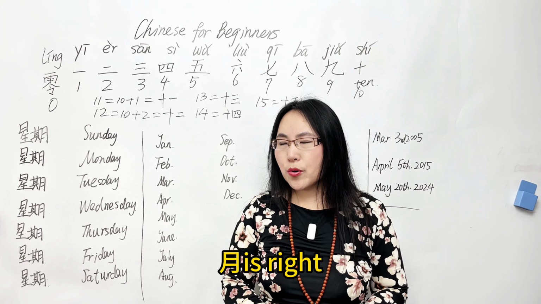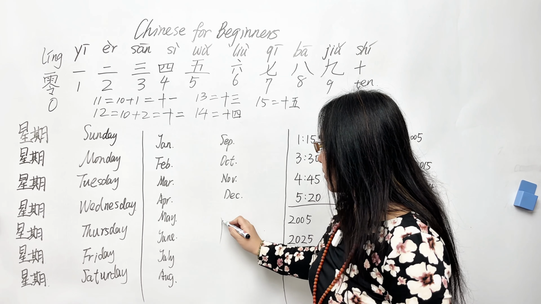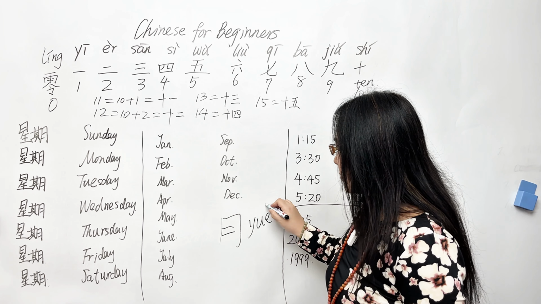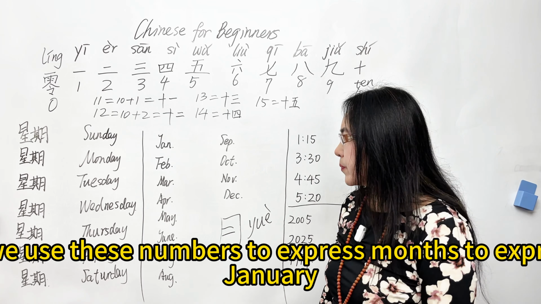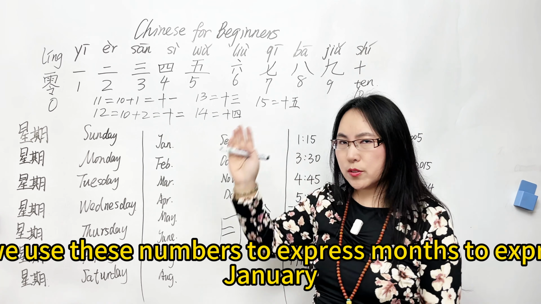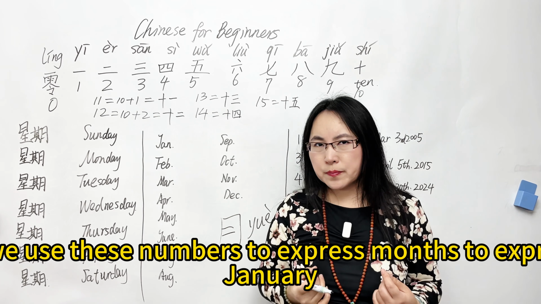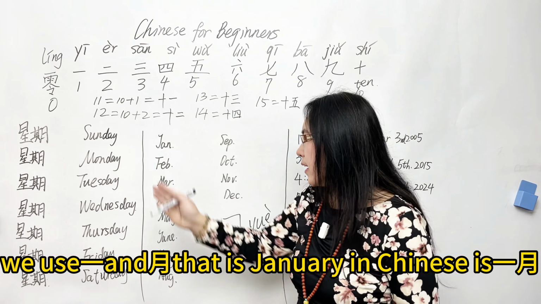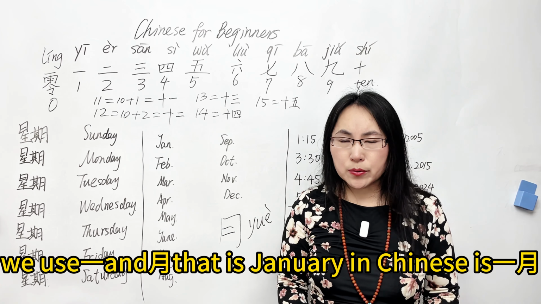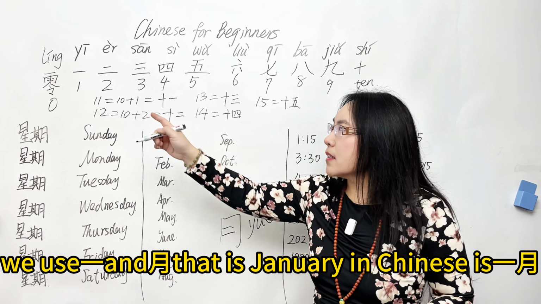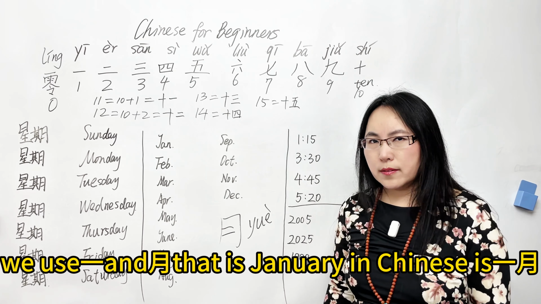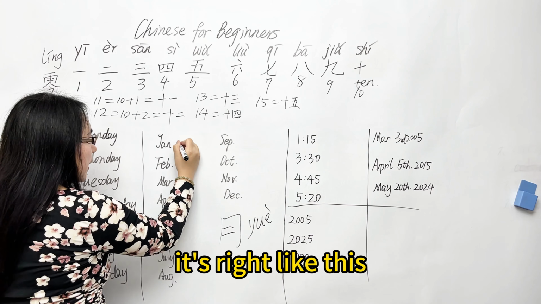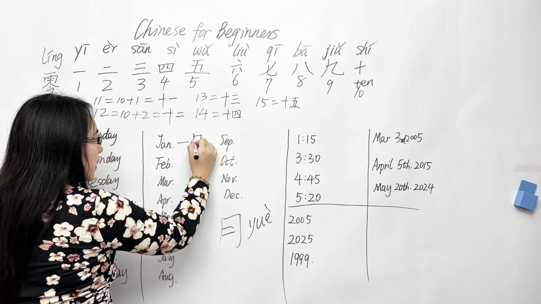It's written like this, 月. So we use these numbers to express months. To express January, we use 一 and 月. That is, January in Chinese is 一月. It's written like this, 一 and 月.